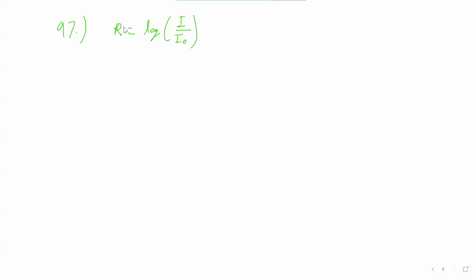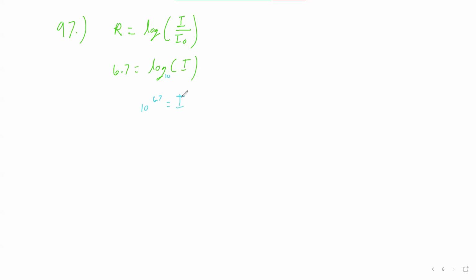So you were given the Richter scale of 6.7 equals the log of whatever that intensity is. I'm just going to call it I. From there, I'm just going to solve it. I don't have to worry about the I0 because it's just a zero level. So this ends up being 10 raised to the 6.7 equals whatever that intensity level is.